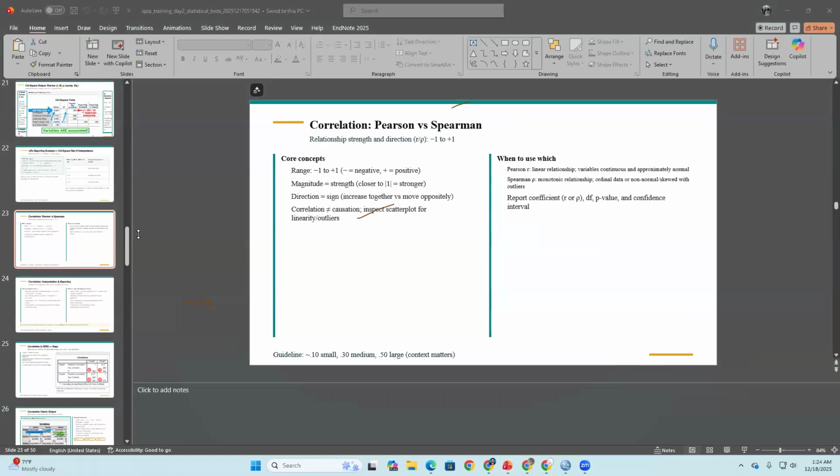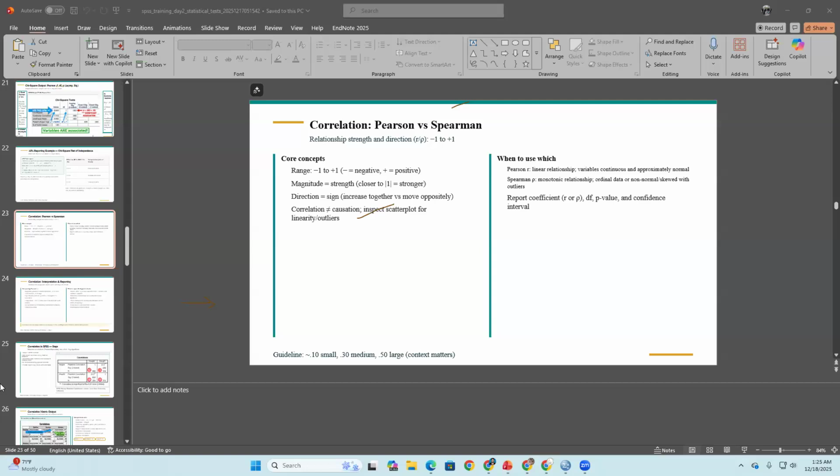What is the range of the correlation value? You interpret your correlation values, whether they are negative or positive, strong or weak. When your value is 1, it means it is strong. But if it has a minus sign attached, it means negative strong. We can interpret it based on these values.